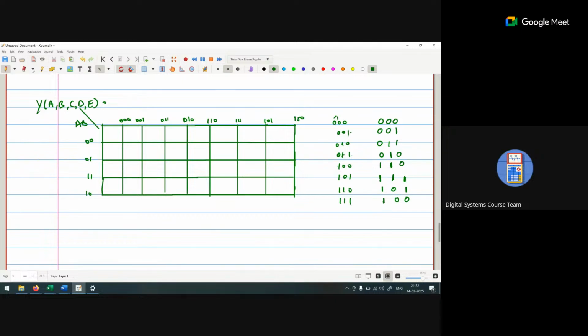Okay, if I write the indexing, it is 0 0 0 0 0, value 0. 0 0 0 0 1 is 1. 0 0 0 1 1 is 3. 0 0 0 1 0 is 2. 0 0 1 1 0 is 6. 0 0 1 1 1 is 7. 0 0 1 0 1 is 5. 0 0 1 0 0 is 4.